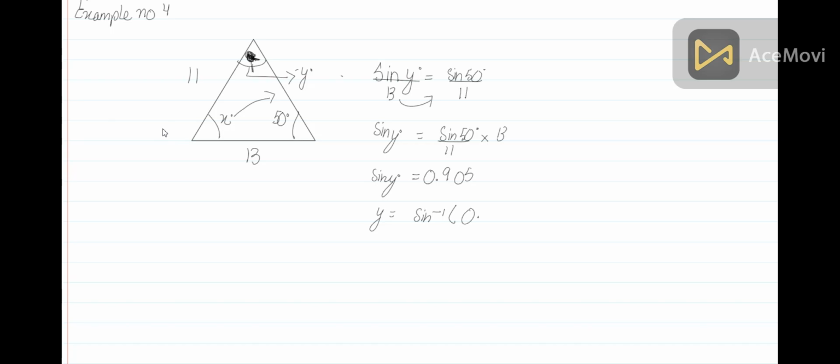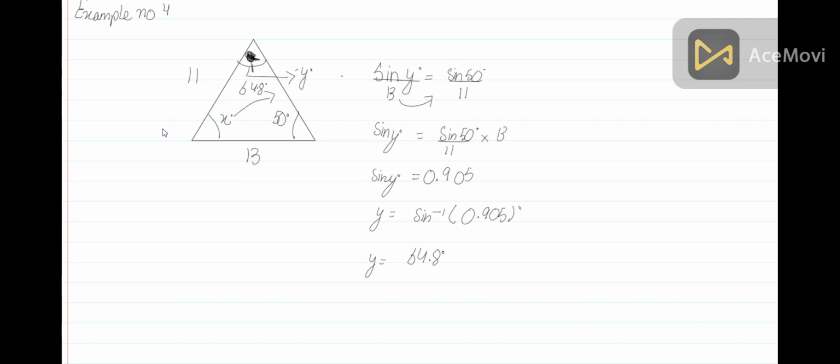So 0.905. Now shift sine inverse of 0.905, and it will be equal to 64.8. So y is equal to 64.8 degrees.